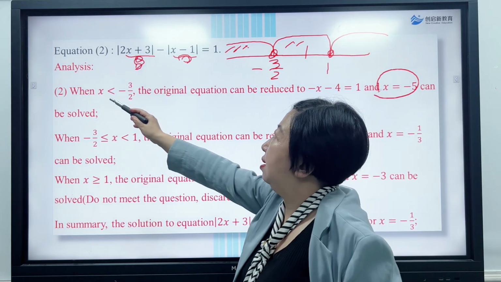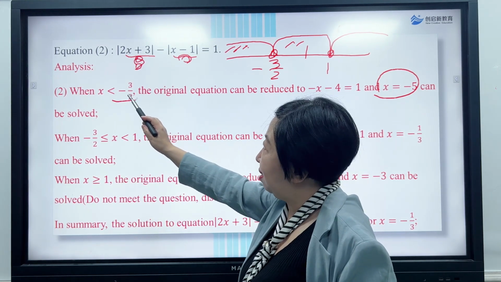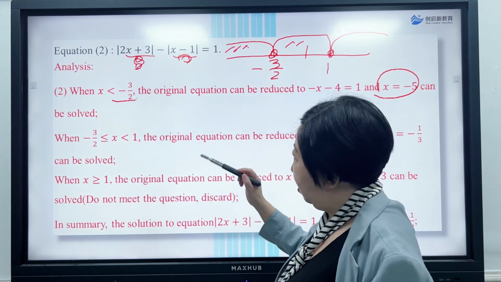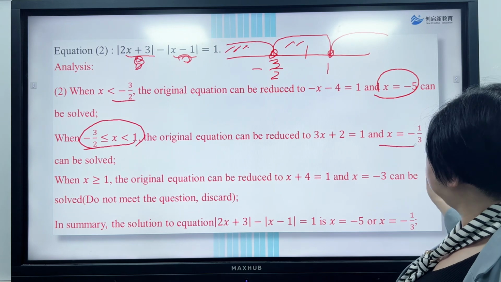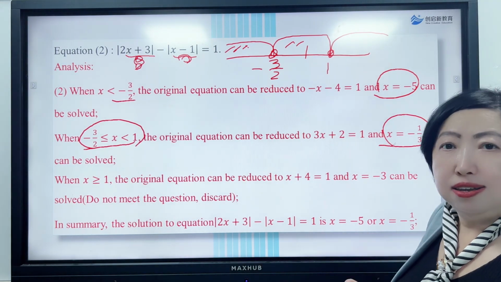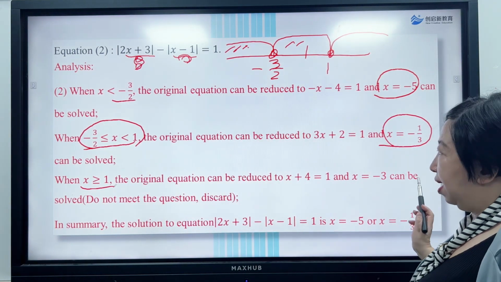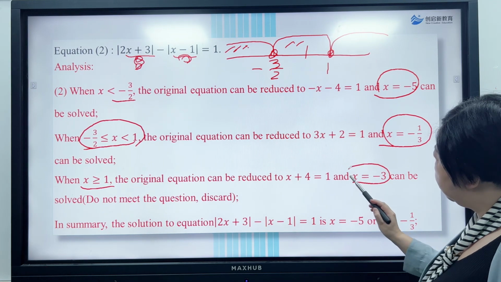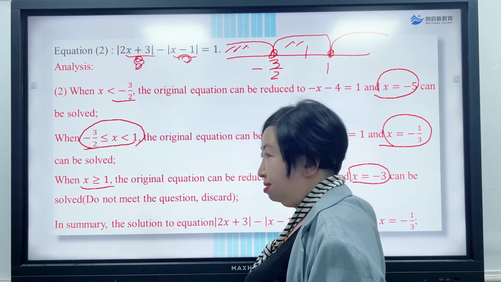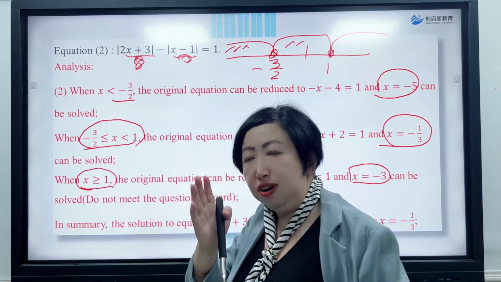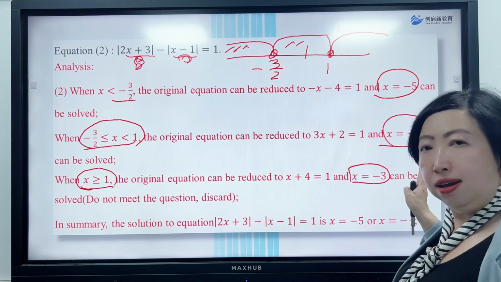So here we can find x. When x is less than negative 3 over 2, we find x is negative 3. But if x is bigger than 1, we can find x equals 3, which is the other case, but x is supposed to be bigger than 1... so it is impossible.